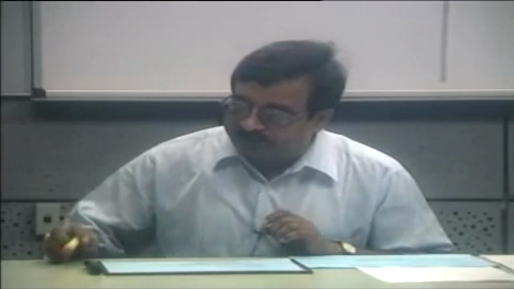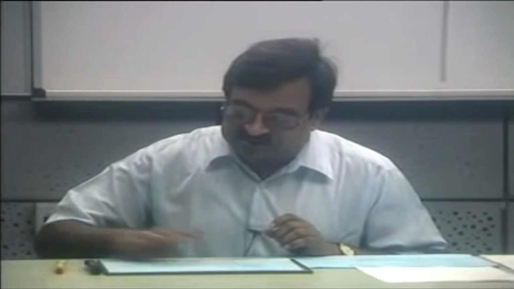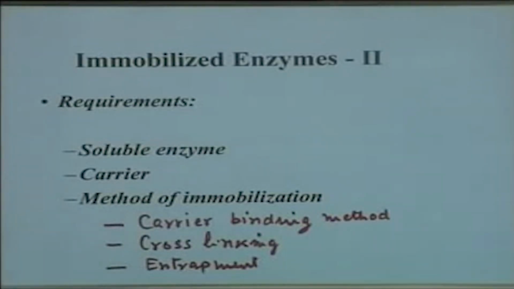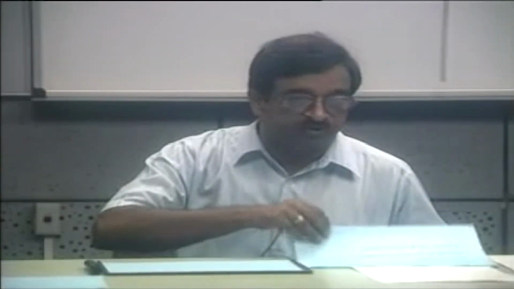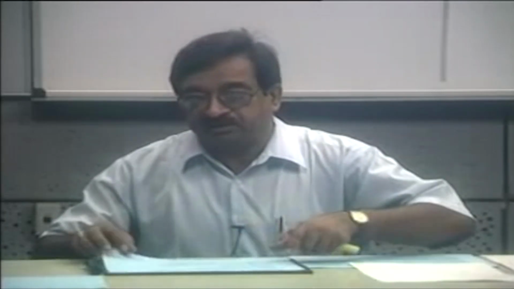So, you can see that a large number of methods are available. Under each category also there are a number of methods, and we need to choose a suitable method for a particular purpose. And of course, there are no general rules. It often goes by trial and error, and of course some available information.